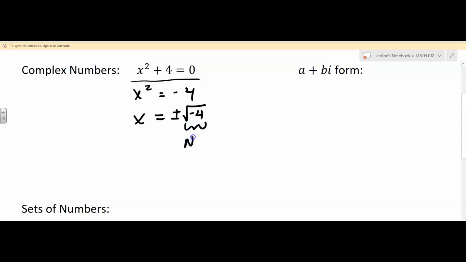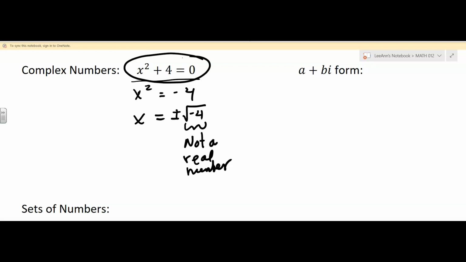We've been working with real numbers, but the square root of -4 is not real. There's no real number you could put in for x, square it, add 4, and get 0. So we have to expand our concept of numbers and go beyond what we call the real numbers.